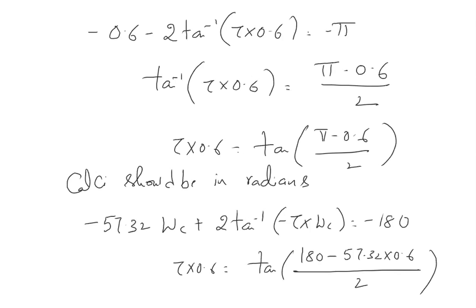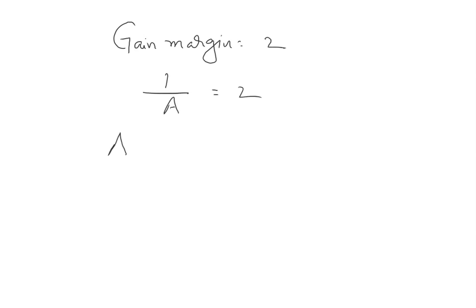5.39. Now, what is given? Gain margin is given as 2. So gain margin, 1 by A, equals 2. What is A? The amplitude ratio at omega c.